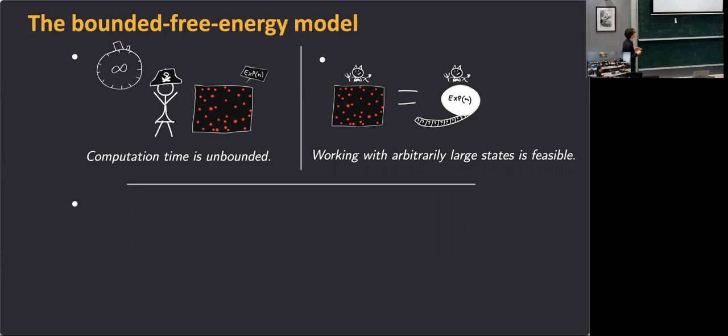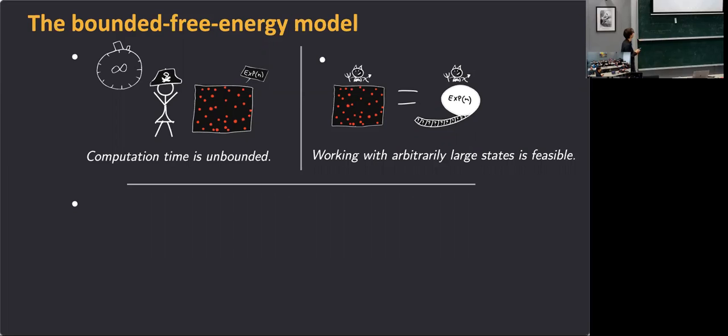So a bit like Maxwell daemons, we can do a computation on a canister of gas, even if it has an Avogadro number of atoms that are moving all around. And if you blink, the state has changed a lot, but we will assume that this evolution for the daemon or for the reversible computer is tractable, so that we can keep track of these changes.